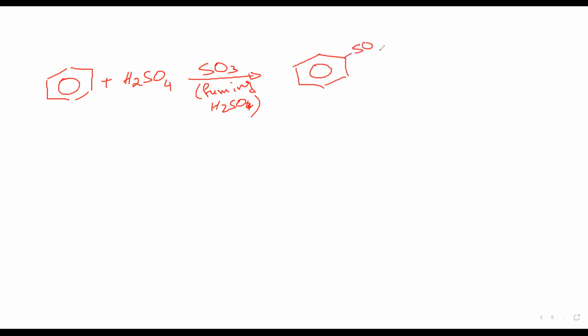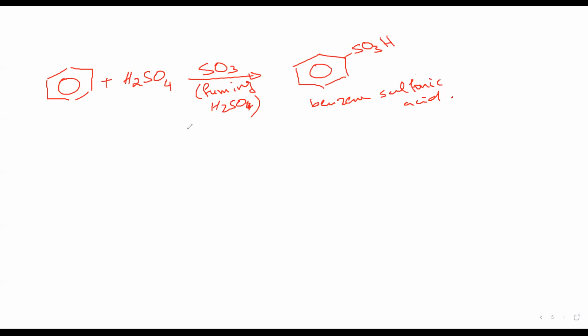This is called benzene sulfonic acid. Okay, so these are the reactions of benzene. Of course, I'm going to talk, inshallah, about the reactions of phenols, but now we have the reactions of benzene.